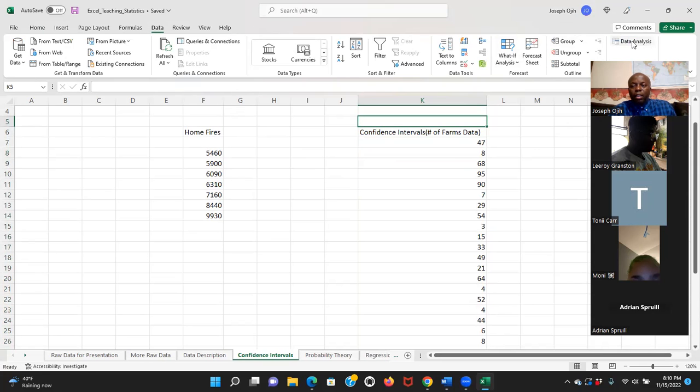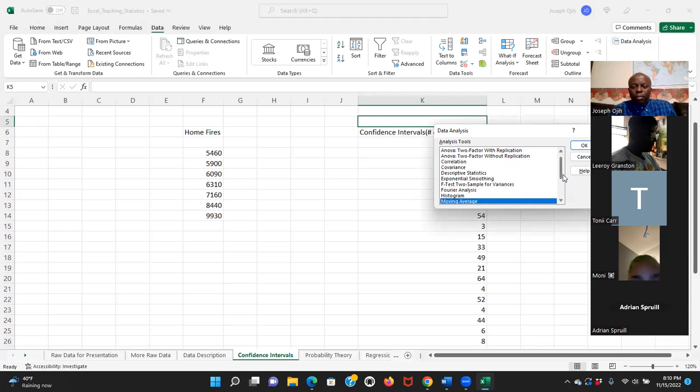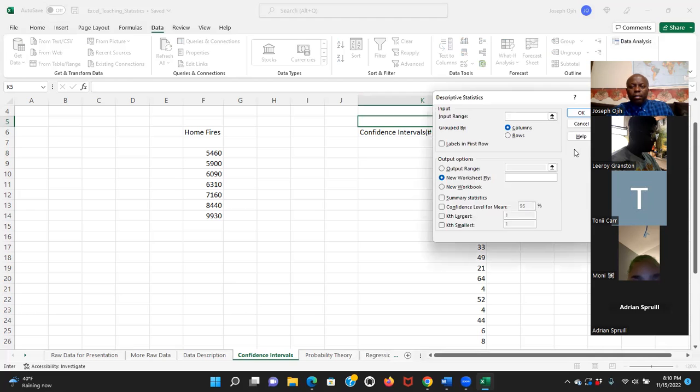Click on that, and then choose Descriptive Statistics. That would be better. It will give us what we need.